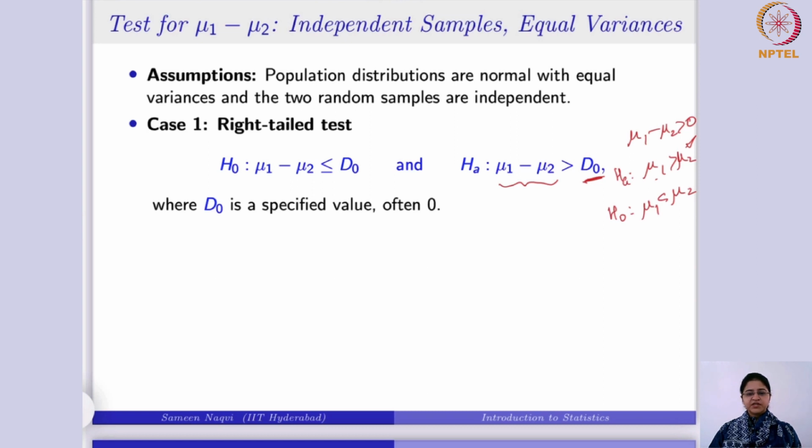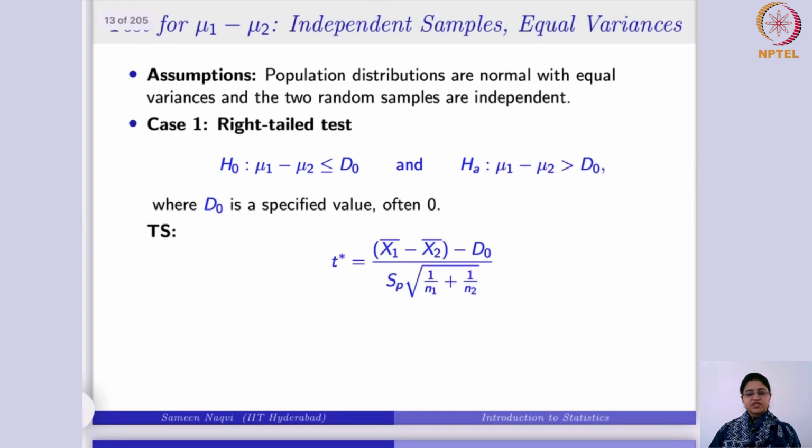Right tail test, we know that null and alternative would be defined in this way, and the next thing we will have is your test statistic. You can recall the test statistic from your week 5 lecture, where we considered two populations and we were interested in the difference of the two sample means.